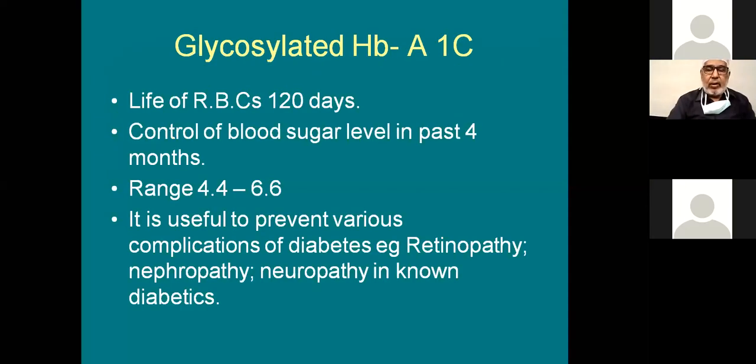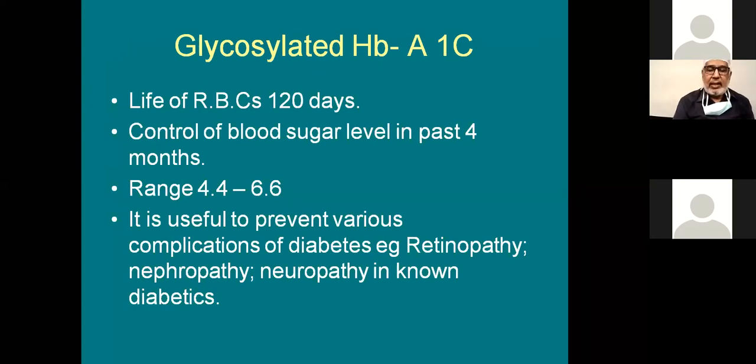Another test which is normally carried out for diabetic patients to observe the control of diabetes, that is the sugar level in the past 3 to 4 months, is the glycosylated HbA1c.